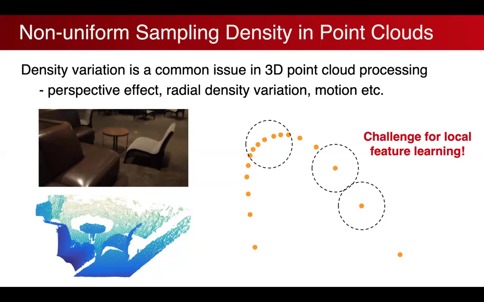This is common because of several effects like perspective, radial density variation, and motion. And so usually the input of a point set neural network can have non-uniform density. And this is challenging if you are doing this local feature learning for the hierarchical PointNet++, and we need to address this in some way.